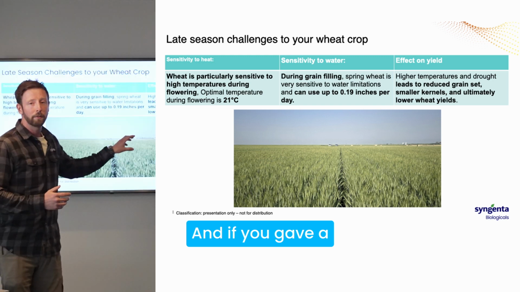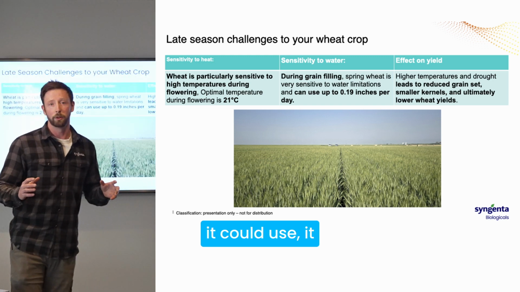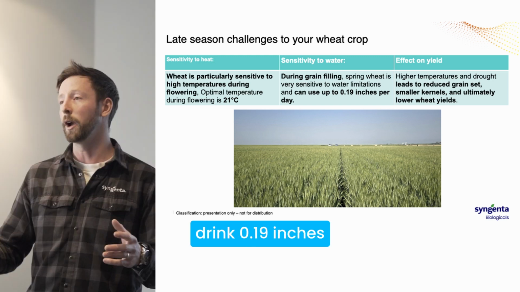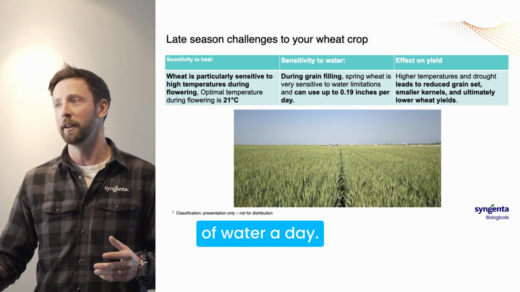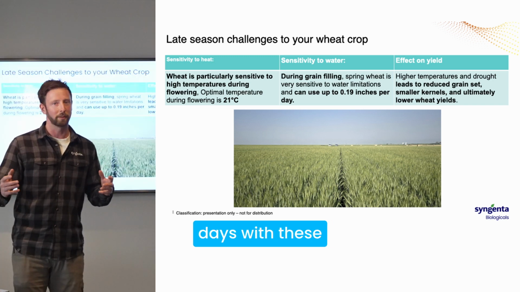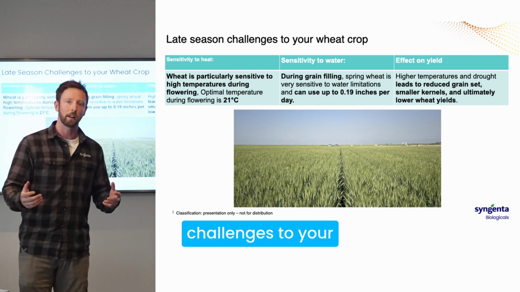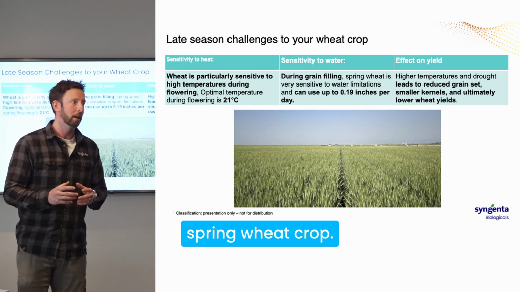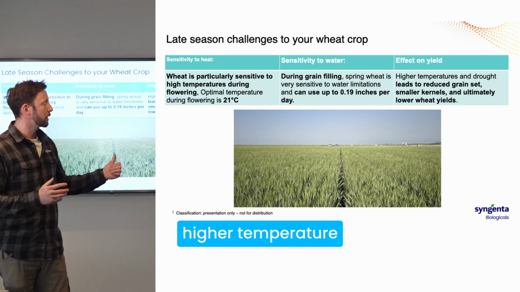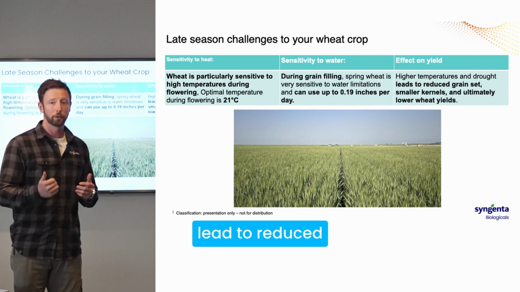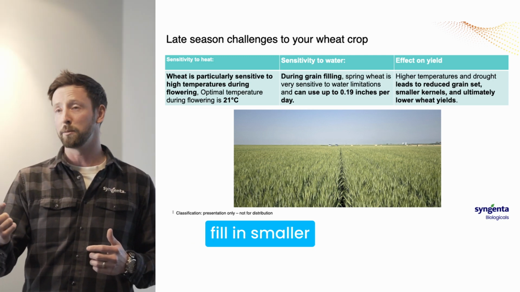And if you gave a spring wheat crop all the water that it could use, it could actually drink 0.19 inches of water a day. In Western Canada, there's not many days with these conditions. And so it presents challenges to your spring wheat crop. And really, this higher temperature and drought can lead to reduced grain set, reduced grain fill and smaller kernels, and then ultimately lower yield.